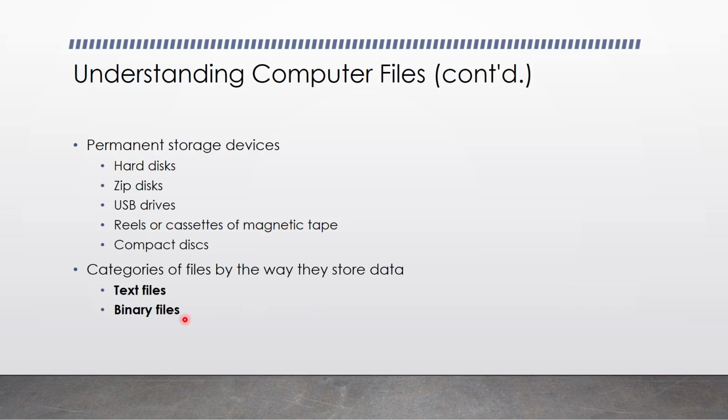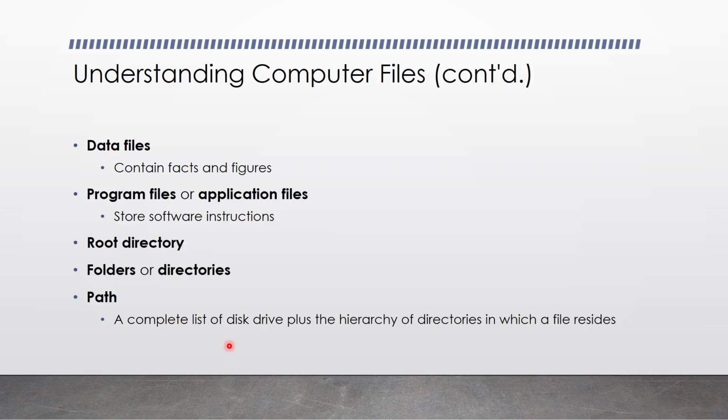Binary files contain data that has not been encoded as text. Their contents are in binary format, which means that you cannot understand them by viewing them in a text editor. Some text files are data files, and data files contain facts and figures such as a payroll file that contains employee numbers, names, and salaries.